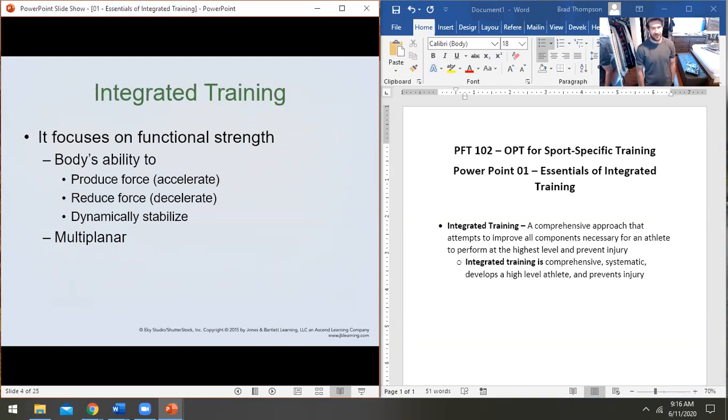So functional strength, you're going to notice, draws a lot of parallels to the idea of developing power, which obviously, since this is the athlete book, the sports performance book, power is going to be a super big part of our conversation a lot in this module.